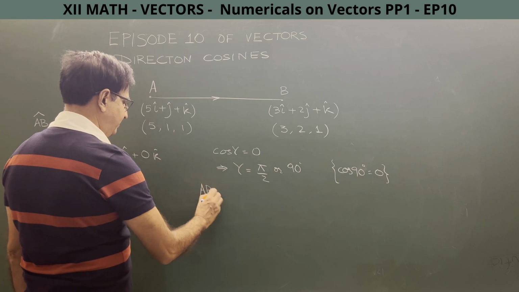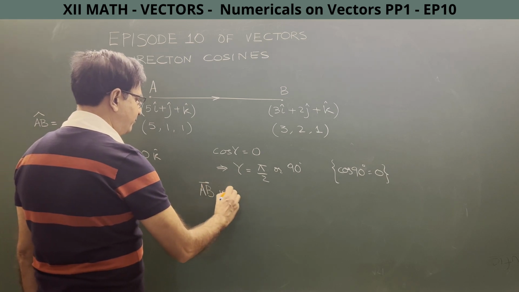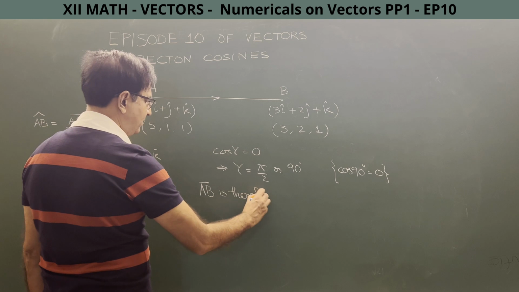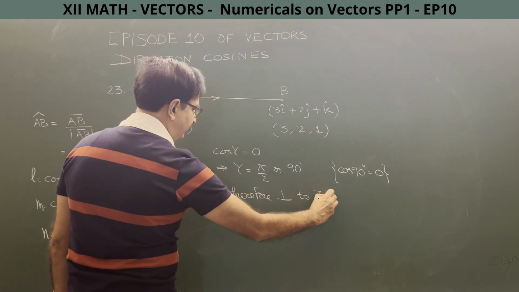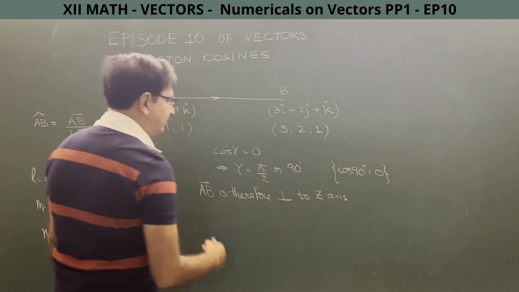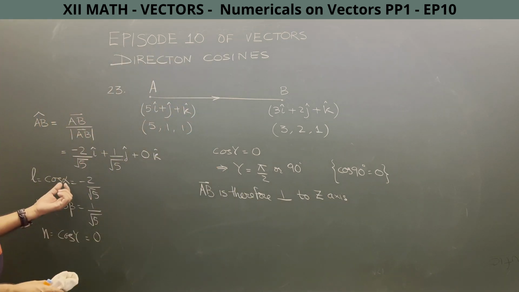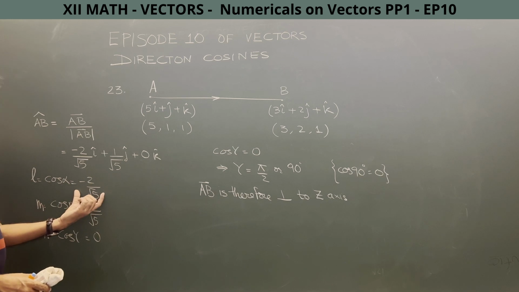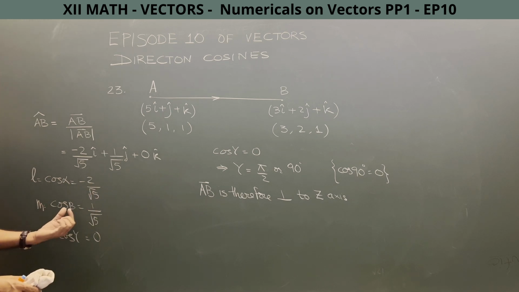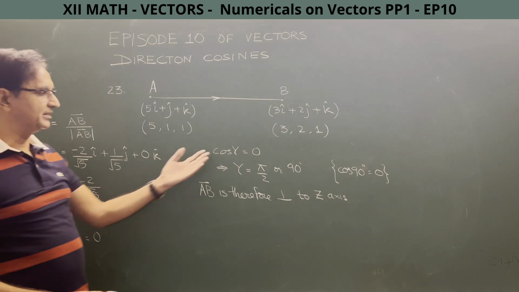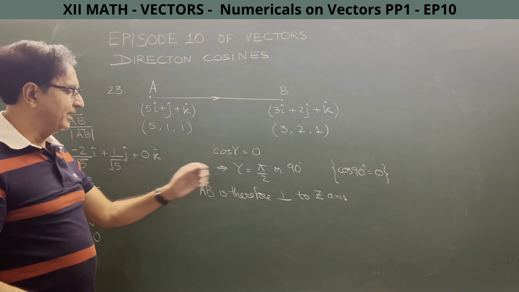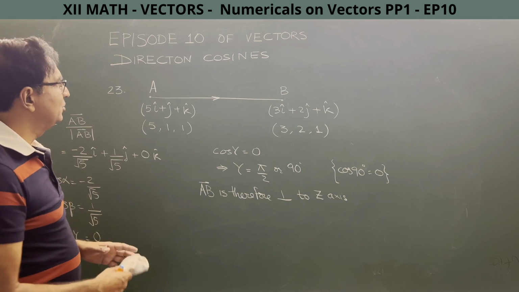Vector AB is therefore perpendicular to z axis, because the angle which the vector makes with x axis will be alpha, that will be cos inverse minus 2 by root 5. Beta which the vector makes with y axis will be cos inverse 1 by root 5, and the angle which the vector makes, that is gamma with z axis, is pi by 2. Therefore, your vector AB is perpendicular to z axis.